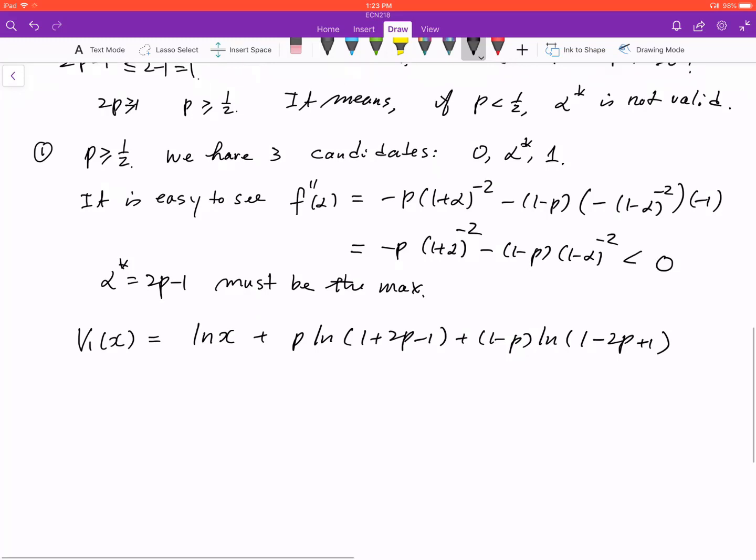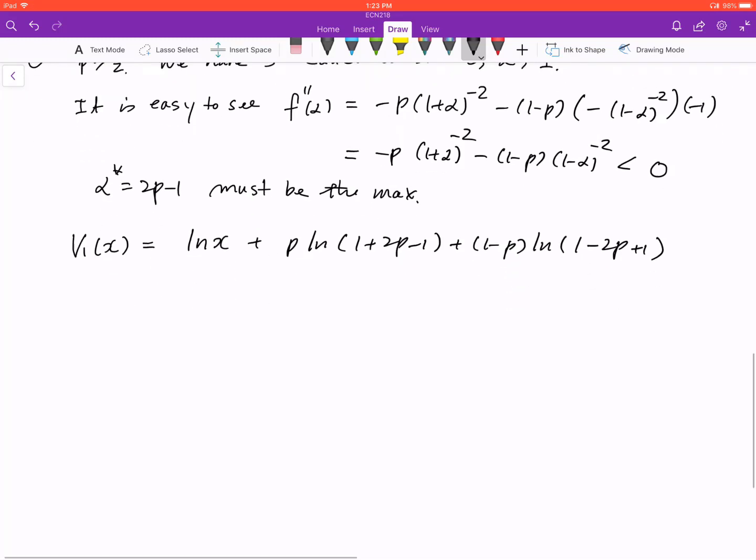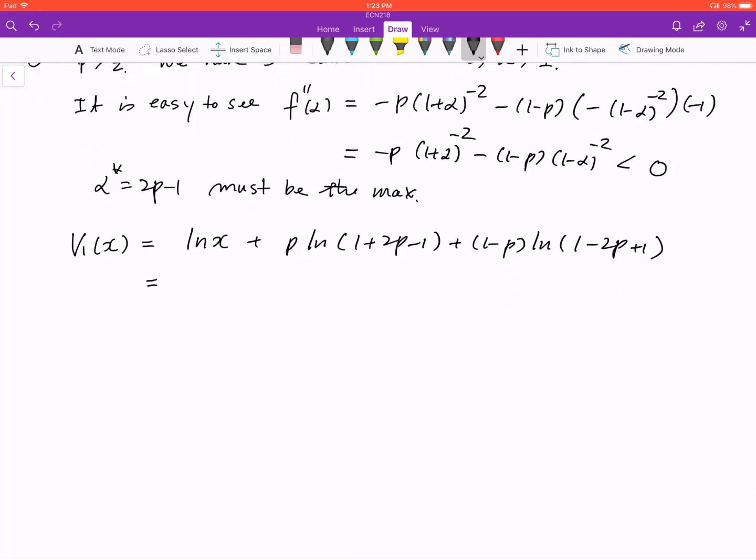Okay, so that's what we have. So let's simplify this one a little bit, and then we have log x plus p, and this is log 2p, and this one over here is (1 minus p), and this is log (2 minus 2p).